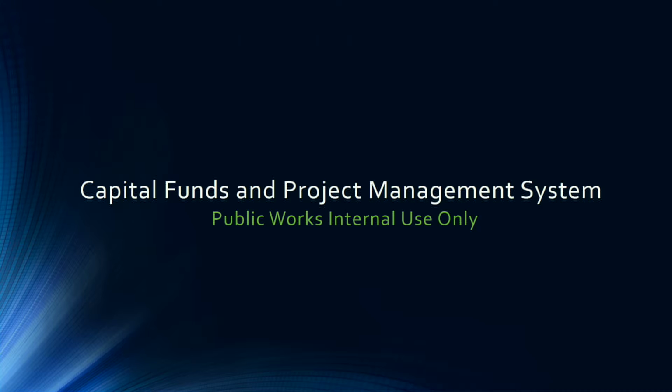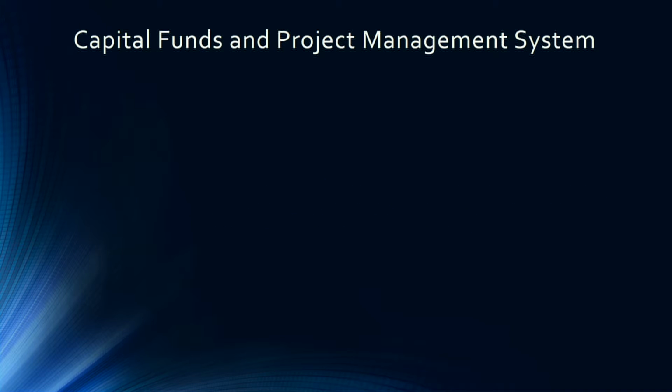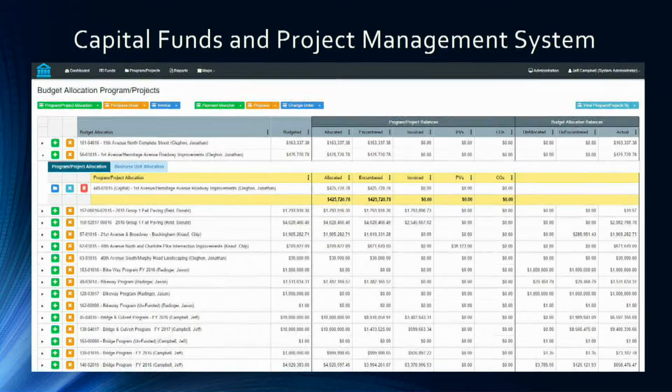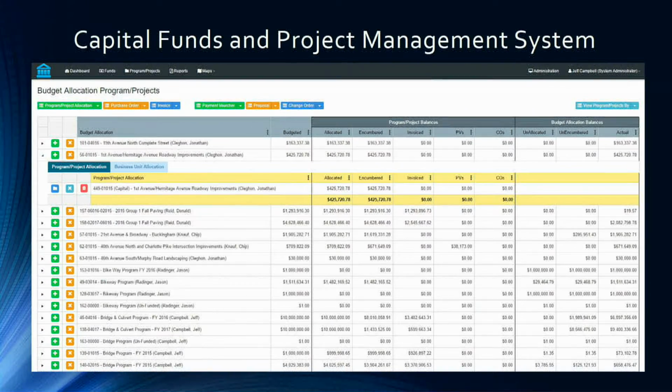I'm going to show you a few things about the capital funds project. This slide that you're looking at right now is an actual table that is within the capital funds application management system. It shows the budget allocations, program project allocations.